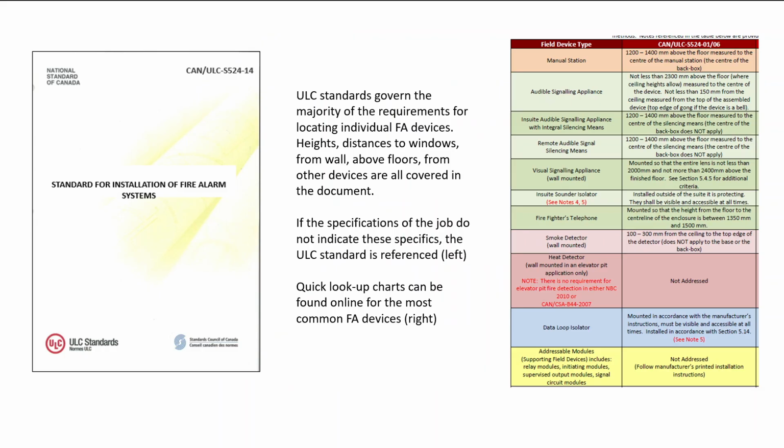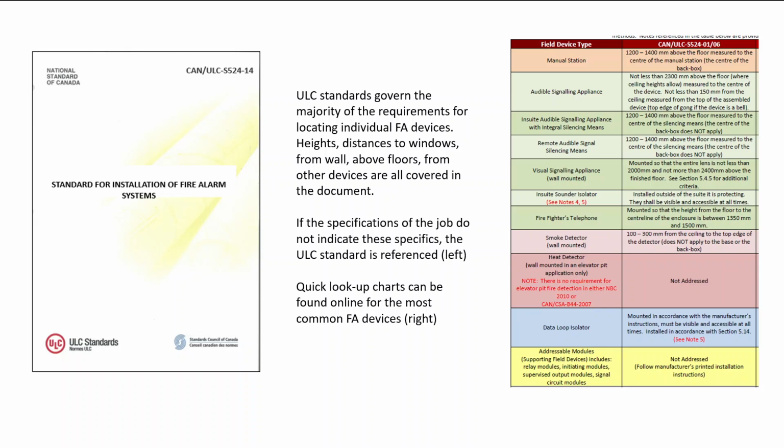Finally, don't forget there are many other standards. ULC standards govern the majority of the requirements for locating individual fire alarm devices, their heights, their distances to windows, from the walls, above floors, from other devices. They're all covered in this document.